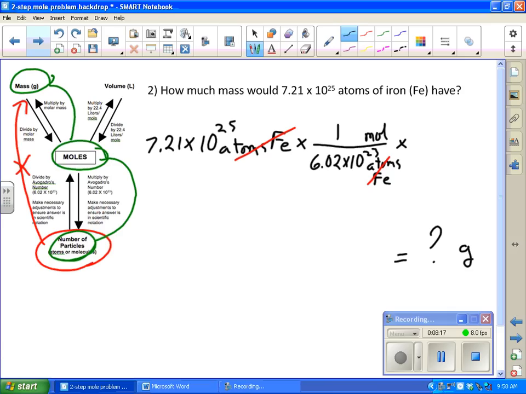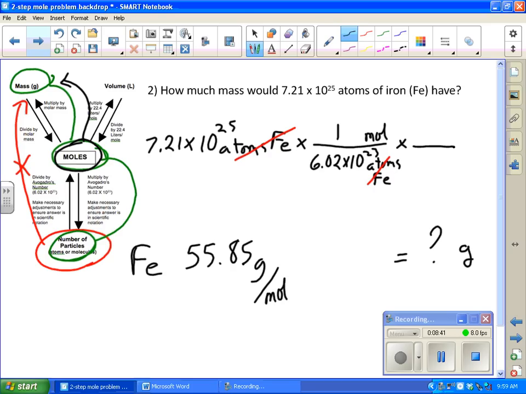Now we're here in this part of the problem. We need to get to mass. In order to do that step, we're going to have to employ the molar mass of iron. If we look at the periodic table, we will see that iron has a molar mass of 55.85 grams per mole.